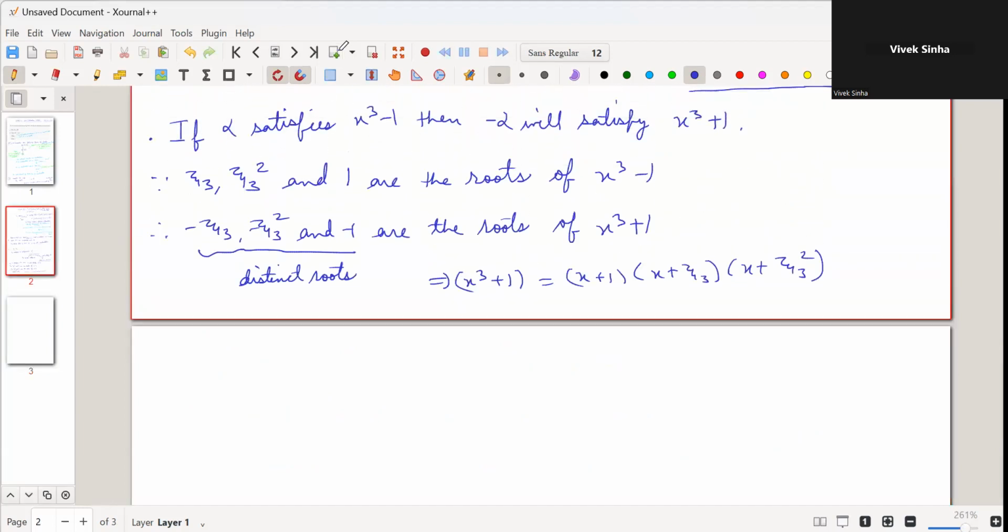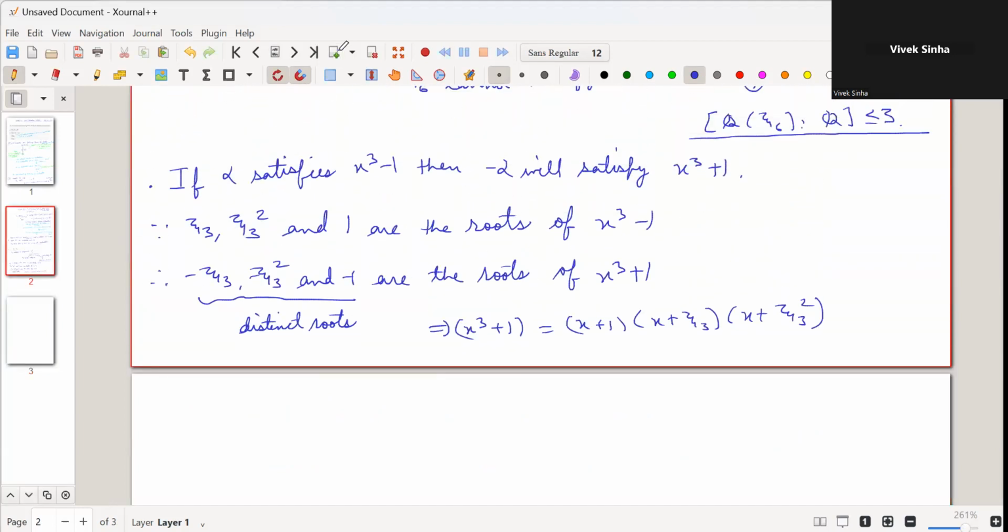Now okay, so Vivek, you have rejoined. So let me just revise what I did. See, the trick is, if alpha satisfies x cube minus 1, then minus alpha will satisfy x cube plus 1, because when you put minus alpha here, this will be minus alpha cube plus 1, which is minus of alpha cube minus 1.